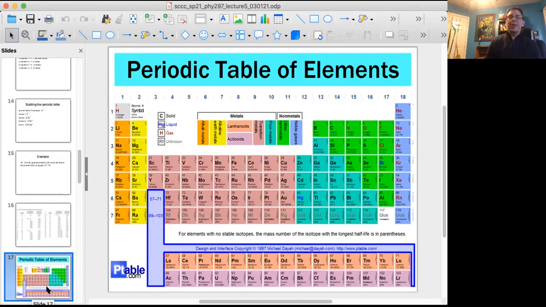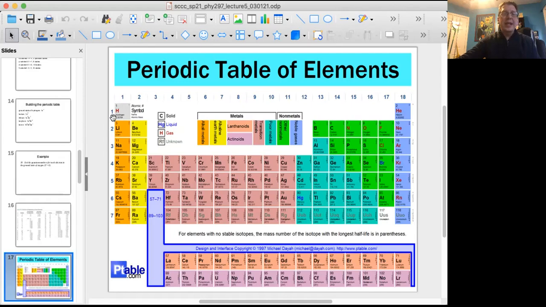Which brings us to the periodic table. And it's drawn to take advantage of the fact that elements with the same ground state subshells have similar properties.